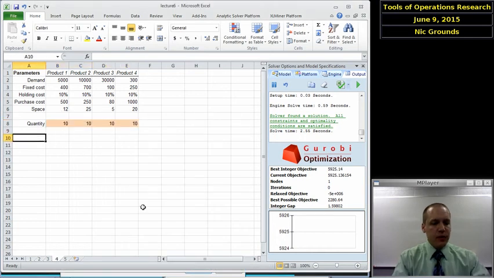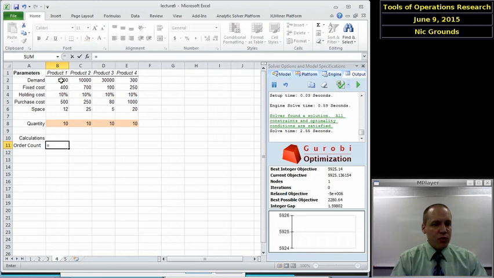Okay, and then we're going to have a number of calculations. One thing we need to decide is how much ordering cost we're going to pay and how much inventory cost we're going to pay. But to know that, we need to know first how many orders we're going to make per year. So the count of how many orders, which is, as we said before, the demand divided by the quantity.